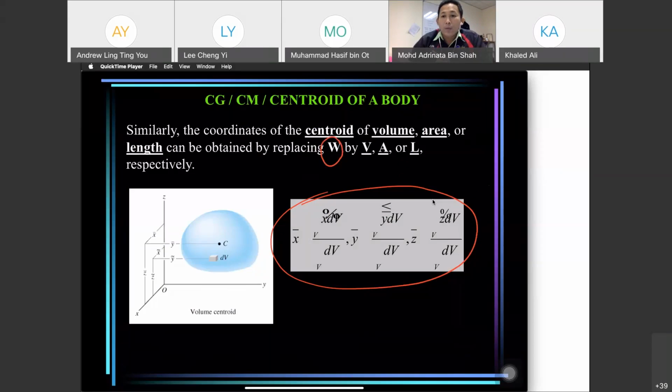So we can also obtain the centroid for the volume, for the area, and for the length. If you have a 50 meter length, the center is here, 25.